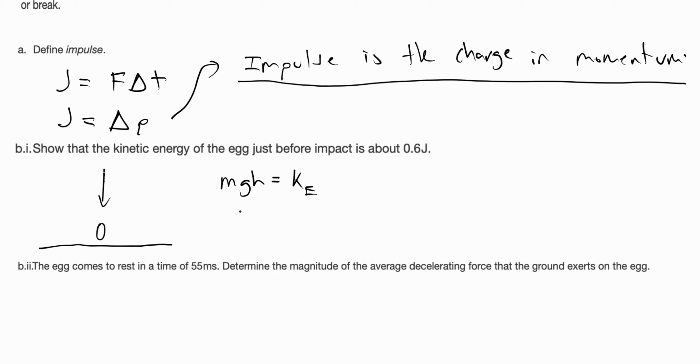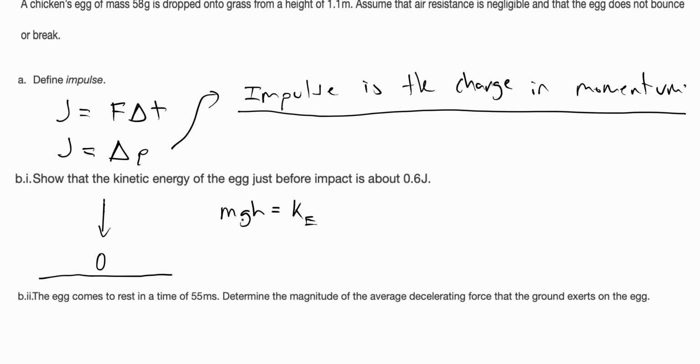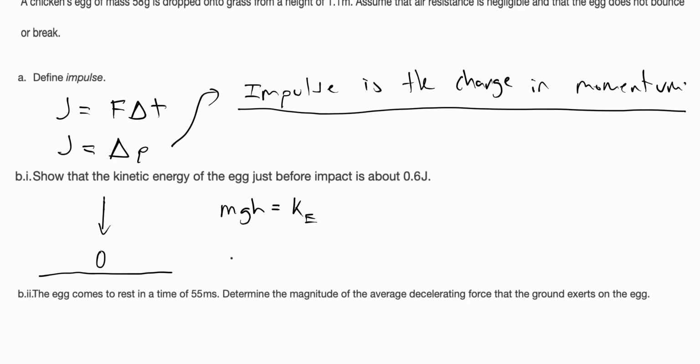We can just say they're about equal because it's towards the end of the egg's motion. So if mgh is equal to the kinetic energy, we can just do some substitution and get our answer. We know the mass of the egg is 58 grams, which we need to convert to kilograms, so we get 0.058 kilograms times gravity, let's take it as 9.81, times the height, which is 1.1.